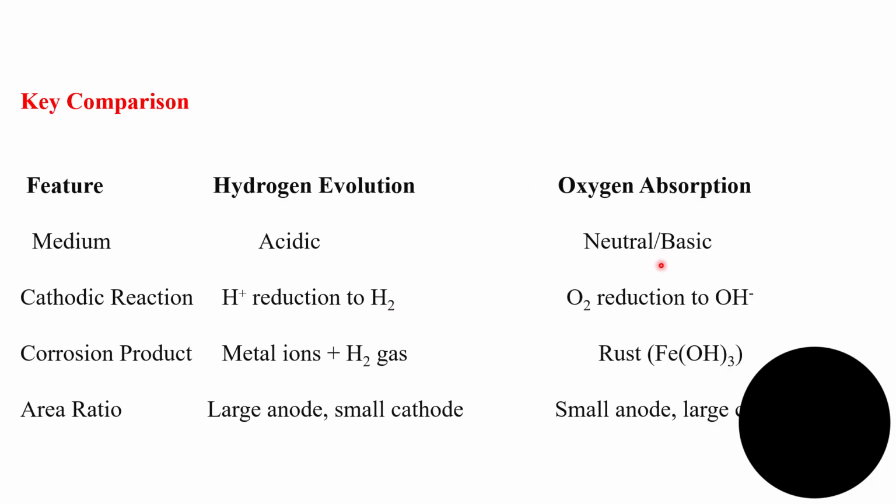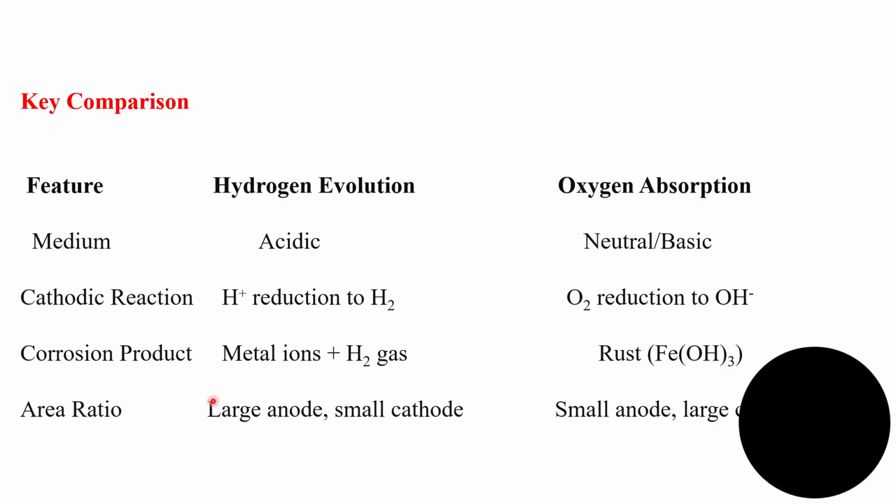However, in the oxygen absorption mechanism that takes place in neutral or basic medium, the oxygen would get reduced into the corresponding hydroxide, OH-. So again the anode will get corroded, and on the cathodic side, since there won't be H+, pH would be neutral or basic, hence oxygen would get reduced into OH- because oxygen presence would be more in that particular medium.